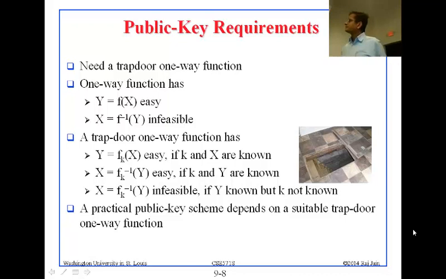And so the function has the following property. You can easily calculate y is equal to f(x), but you cannot calculate x is equal to f inverse of y. So you can calculate one way, but you cannot do the other way around. Okay, inverse is very difficult. It's like this. You can easily calculate exponentiation, but log is very difficult.